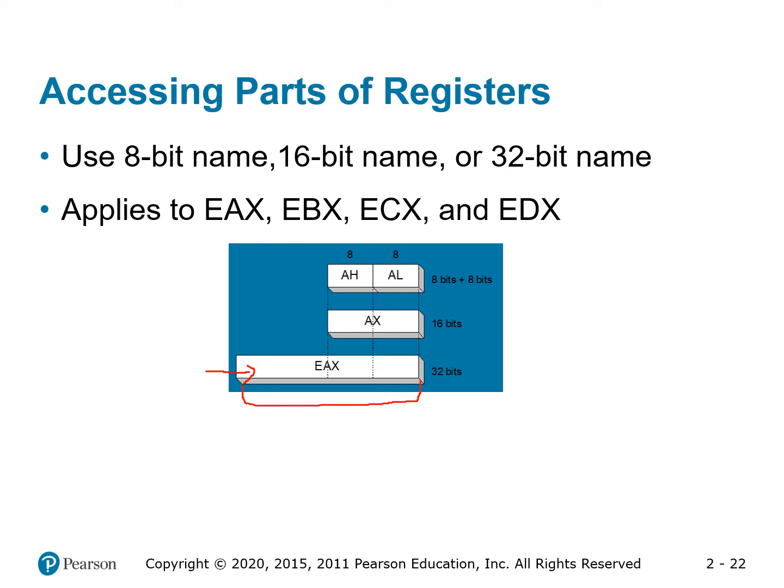If we just need 16 bits and we don't need the whole 32 bits, then we can access this area here of the register, these first 16 bits, by referring to that part of the register by the name of AX.